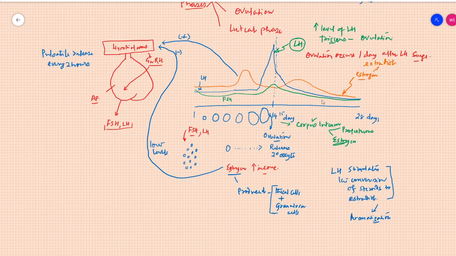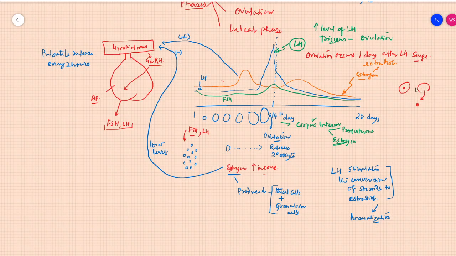So what is happening at this time? If we look at the ovary, we have this big follicle, it's going to break down. This big follicle is called Graafian follicle. It breaks down, releasing the secondary oocyte. So you see there is damage to the cells.